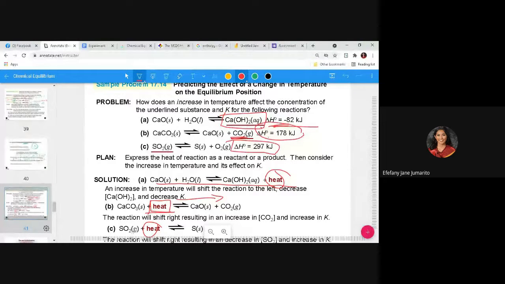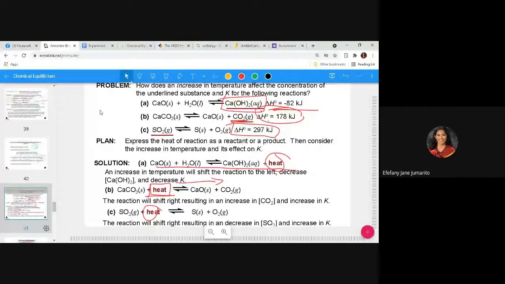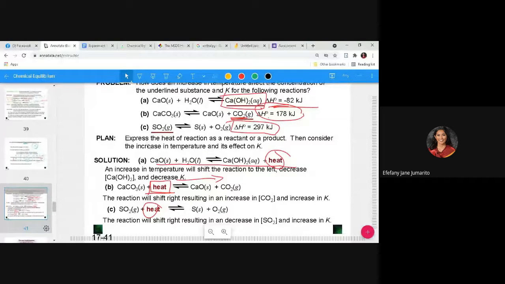Now, letter C. What will happen to SO2 if we add heat as our reactant? It will decrease, because it will be consumed.